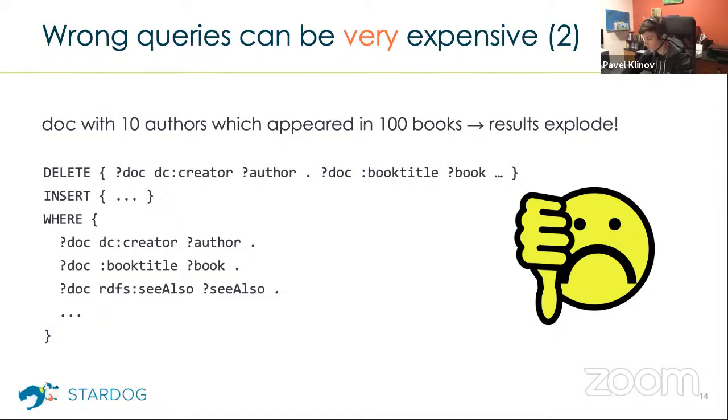In the RDF world, it's more often not perfect than in the relational SQL world. So in that case, again, you're going to get combinatorial explosion. You're going to get 1,000 rows out of the where block, which will flow directly into your update templates, delete and insert.